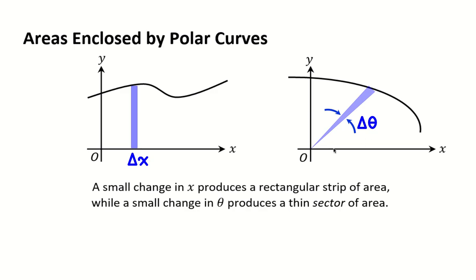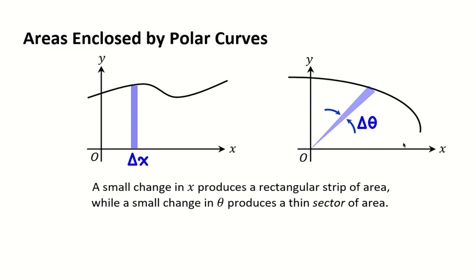Let's say we were finding the area enclosed by the axes and this curve, just in the first quadrant. You'd be going from theta equals 0 to theta equals pi over 2.